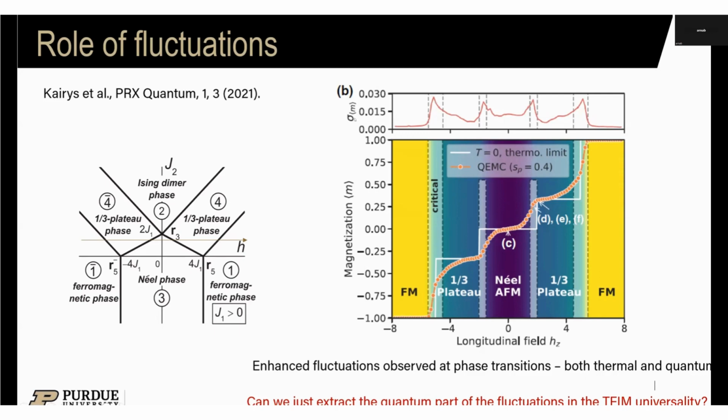This graph shows clearly more fluctuations right when you go from the ferromagnetic to the 1/3 plateau phase, and then from the 1/3 to the Néel phase. That makes us ask whether these are classical fluctuations or quantum fluctuations.